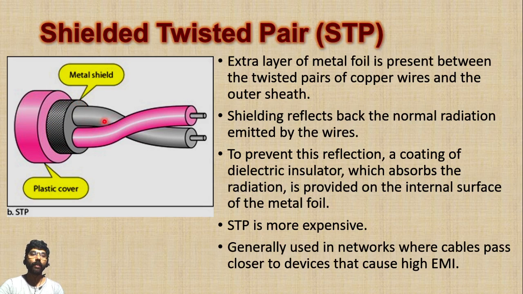That means whenever radiation is generated in between, it is reflected back to the wire instead of being sent outside, due to which some of the data or signals may be lost. To prevent such a situation, the reflective foils are coated with a dielectric insulator.